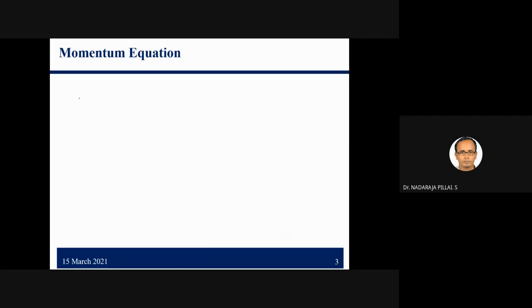When we talk about momentum, first we start with Newton's second law of motion.